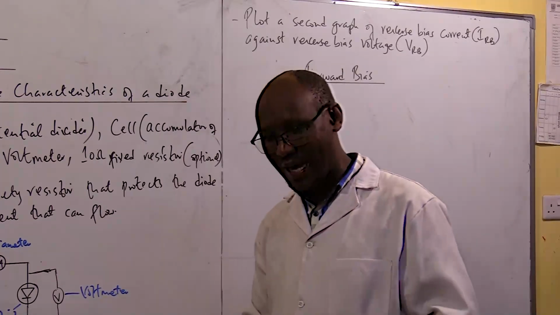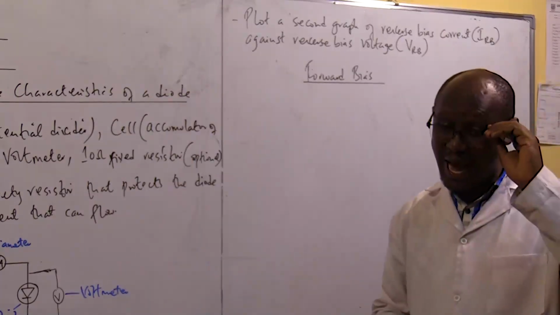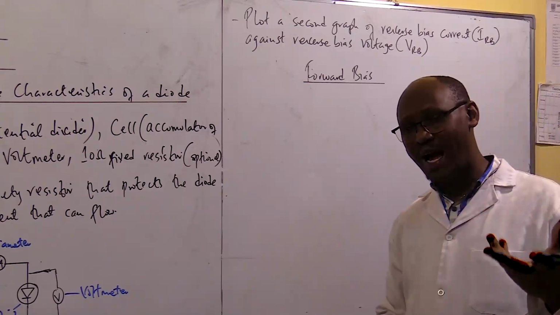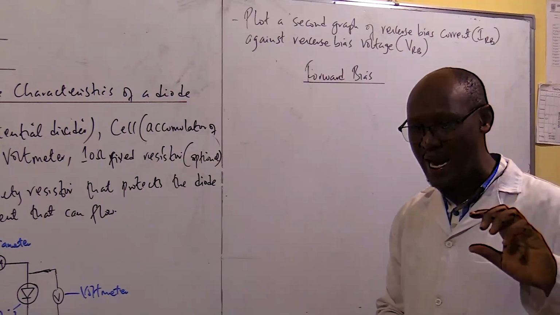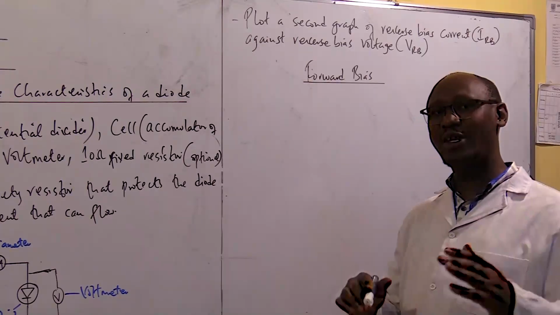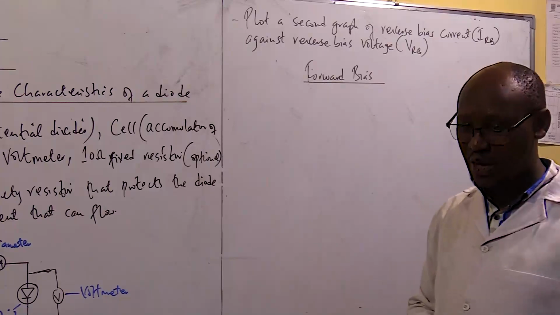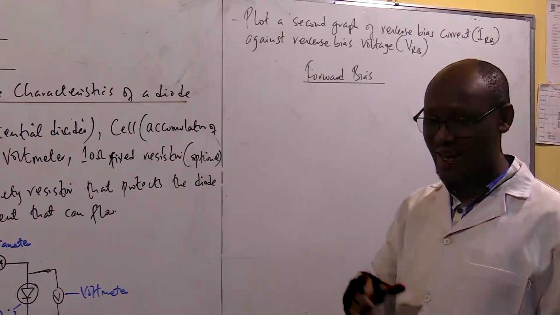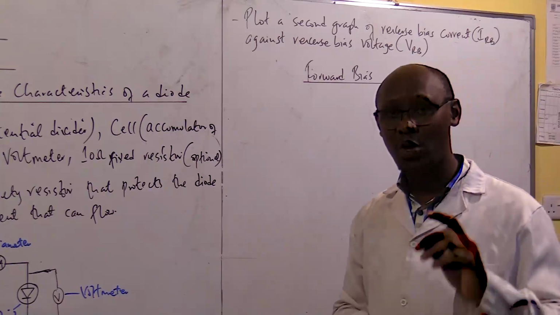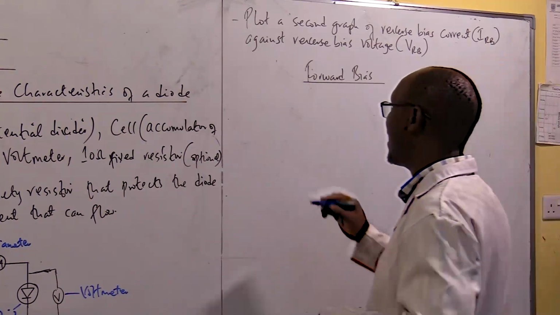But when you plot a graph of current against voltage in a diode that is forward biased, it is observed that this is non-ohmic because it is non-linear. It is not a straight line through the origin like we saw for ohmic conductors. So a diode is a non-ohmic conductor, meaning that it does not obey Ohm's law.